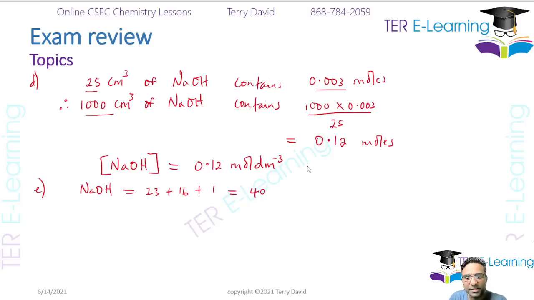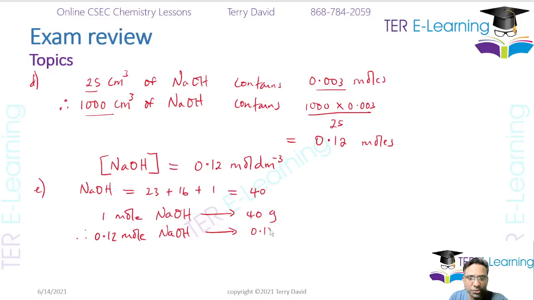So the relative molar mass of sodium hydroxide is 40 grams. So all you need to do is convert the 0.12 into grams. So 1 mole of NaOH has a mass of 40 grams. So therefore, you need to work out for 0.12 mole of NaOH, and we cross multiply.